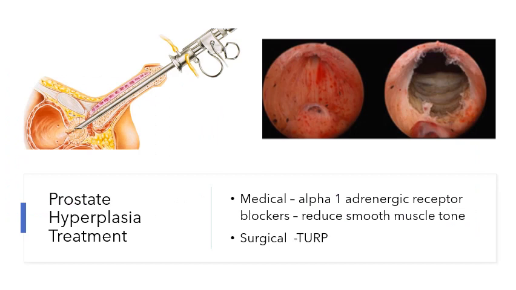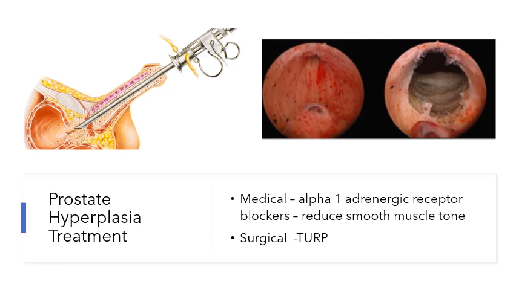The symptoms associated with prostatic hyperplasia, as we've said, can be quite significant. Treatment of this either involves first-line medical treatment, so usually some adrenergic receptor blocker to reduce smooth muscle tone, and this can often assist with improving urinary flow and outlet obstructive symptoms.